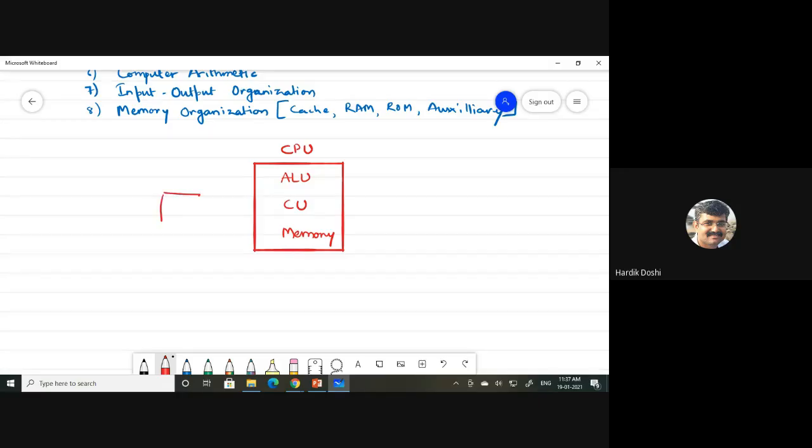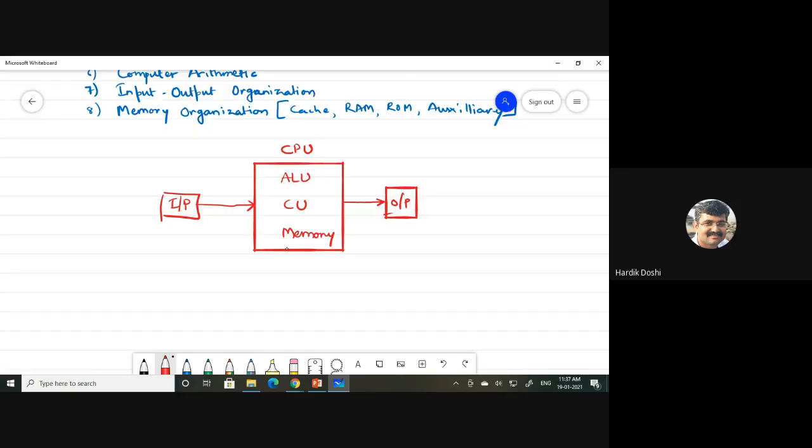Then we have input which is given to the CPU, and we get the output, which we get through an output device. Right now I'm giving some inputs. I'm typing over here, writing on my digital pad.